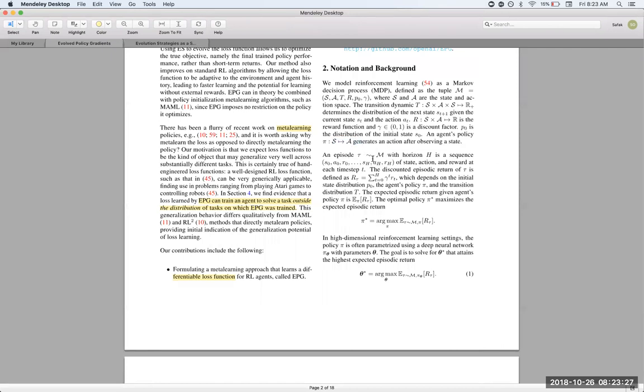So an episode tau, with horizon h, is a sequence of states, actions, and rewards. For the initial state S0, if the agent makes a move, goes to the right, and the environment outputs a reward, if that move got you closer to your goal, then you will have a positive reward for that step.